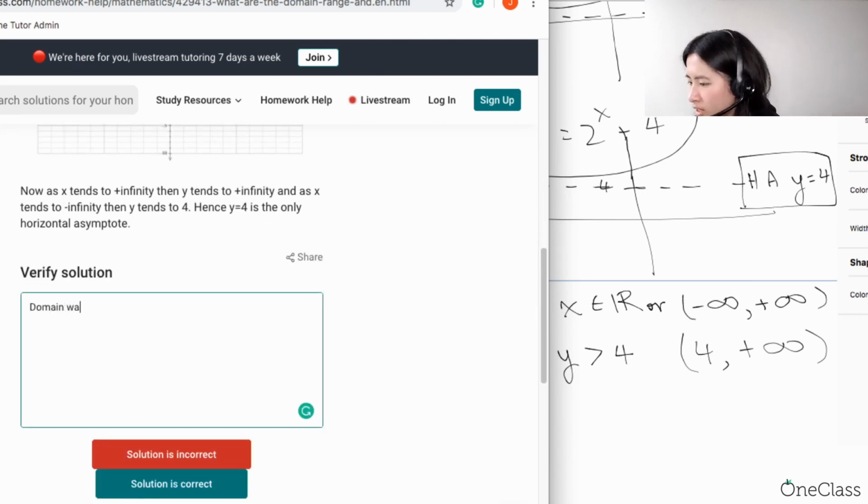Okay, domain was not mentioned, so that's my comment. Domain is x is all real numbers, or negative infinity, comma, positive infinity.